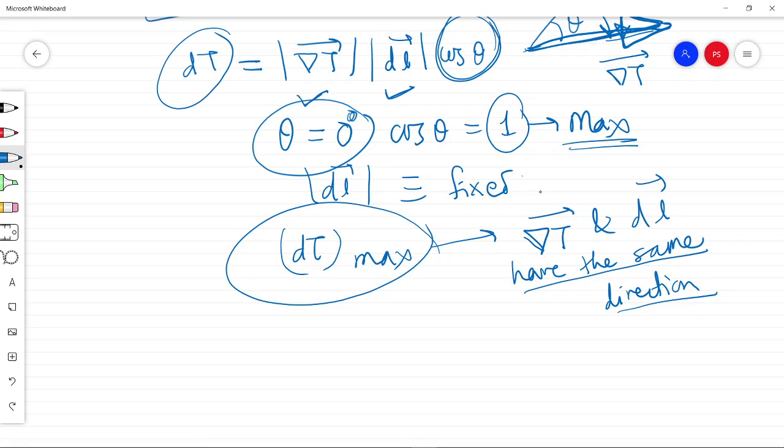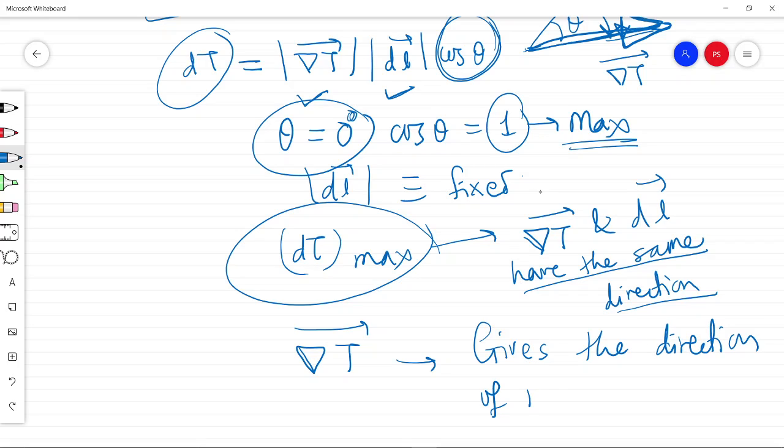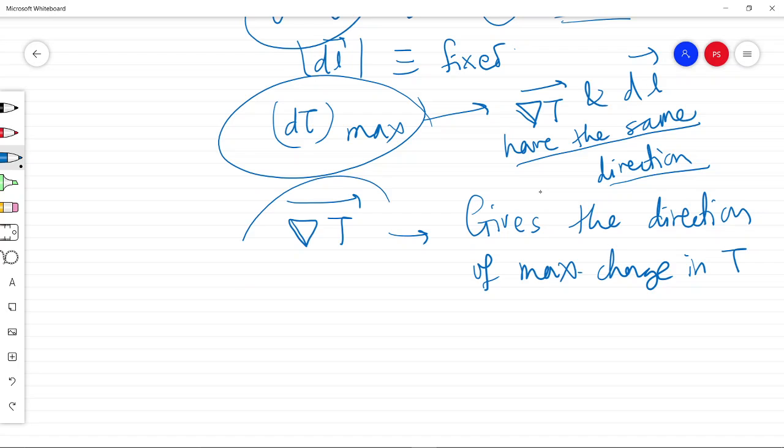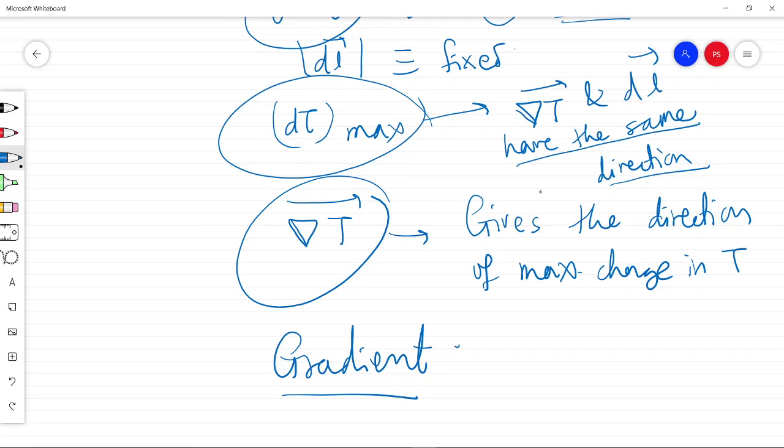So this is how we can interpret the term del t bar: it gives the direction of maximum change in the function t. This operation is called gradient. We should note that gradient is written as del t bar.